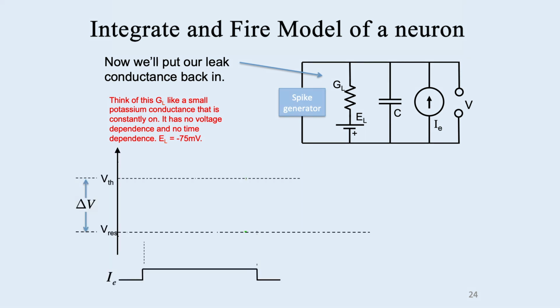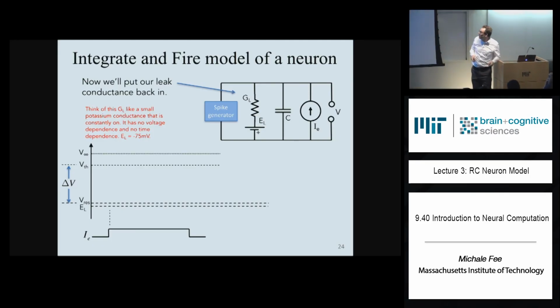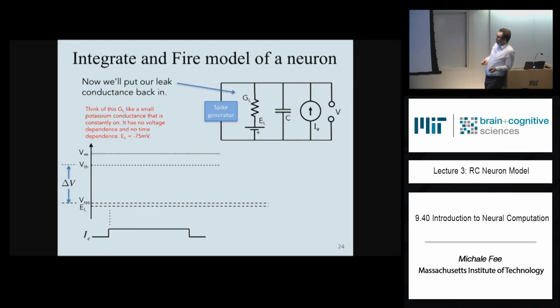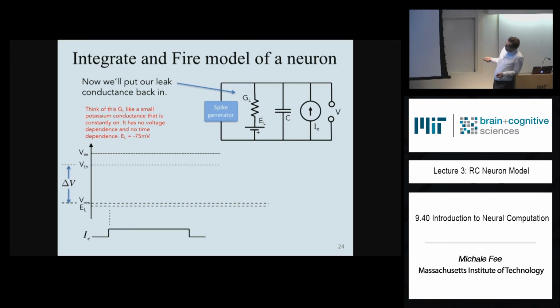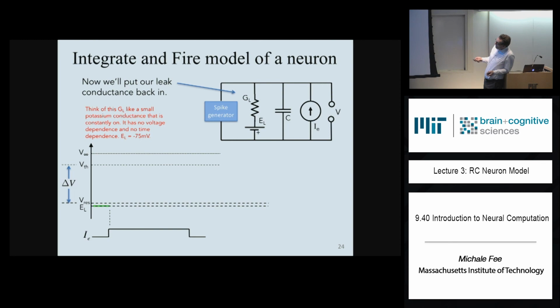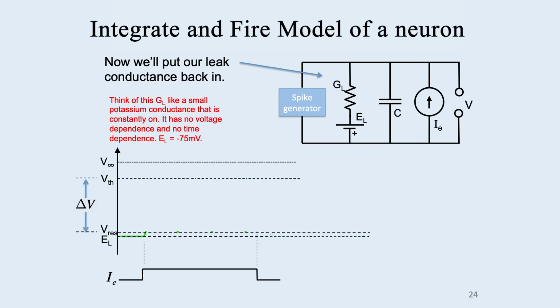All right, so what's going to happen? Let's go to our plot of voltage as a function of time during our injected current. Let's say that we start our voltage at V reset. Or actually, let's start it at E leak.